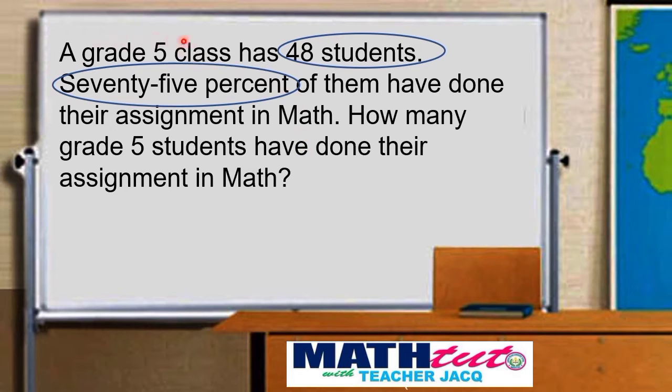So, ibig sabihin, ang grade 5 class daw ay merong 48 students sa kabuuan. And then, yung 75% ng estudyante ng grade 5, yun ang gumawa ng assignment sa math. Then, ang tanong, ilan daw na grade 5 students ang nakagawa ng assignment sa math?